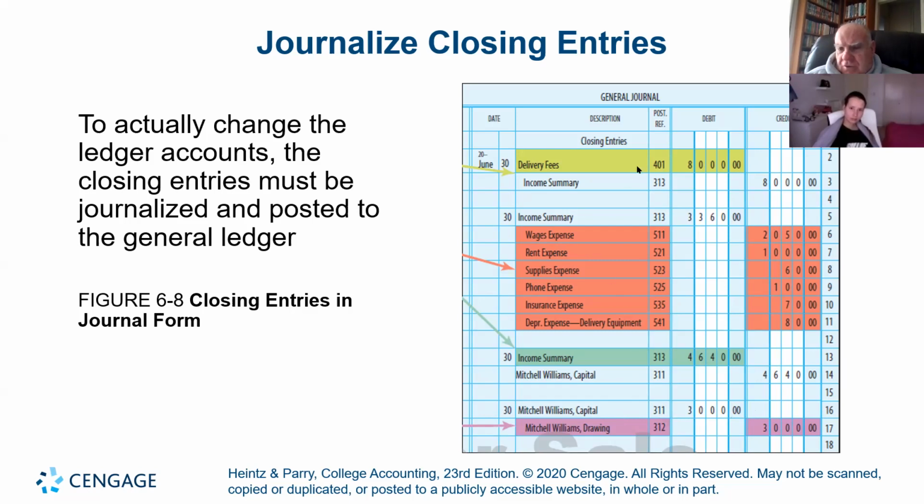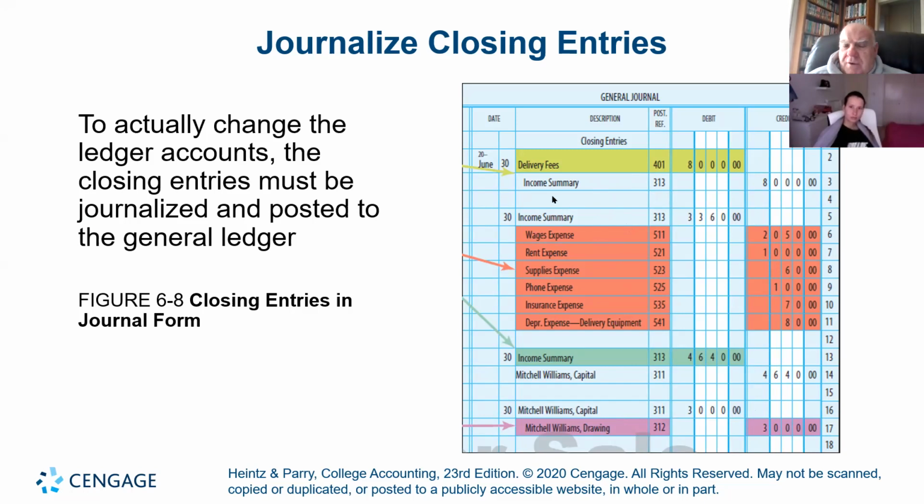This journal entry, this is what you should be looking at when you're doing your homework. And you do these a few times. It's not too tough. Students tend to make this harder than it really is. If you understand why we're doing these closing entries, we are doing them to get the capital updated to its proper number. That's basically what the closing process is.